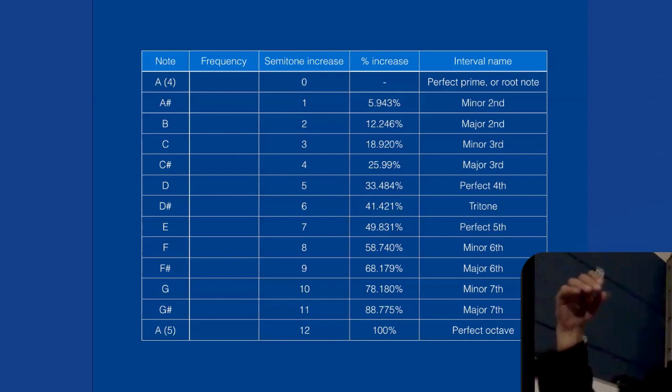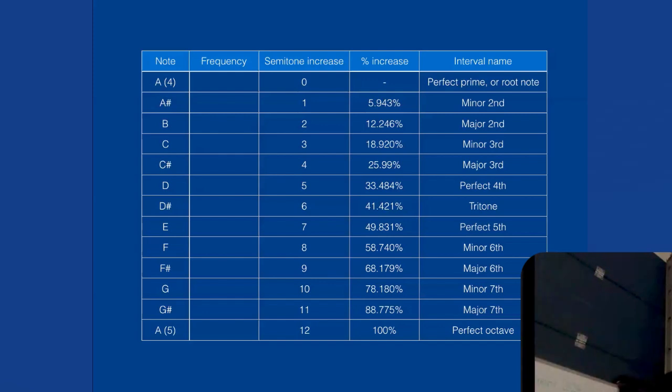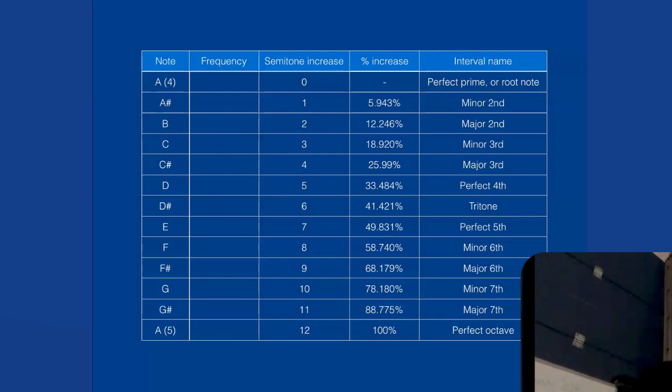Then if you multiply that number by the 5.9, or increase it by 5.946%, we'll get down to the next number, which is 12.246%. And on down the table until you reach the 100%, which is the percentage increase for the A5 note, which is an octave above. Is this making sense? Good.